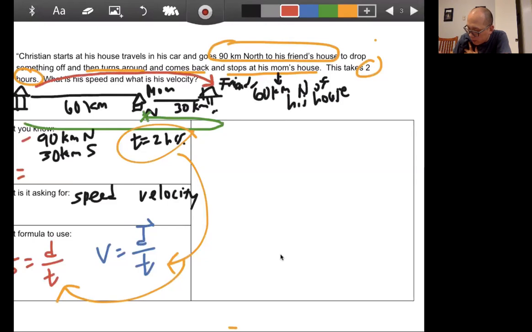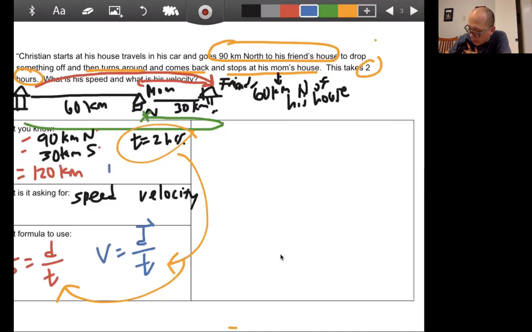He went 90. And then he turned around and came to his mom's house. How much more did he go? He went 30, and then that's the end of the story. So for distance, we don't even care about this north-south. We just look at the number. Turning around and going the opposite direction doesn't make distance go down. So we got 90, we got 30. What does that equal to? That equals to 120 kilometers.